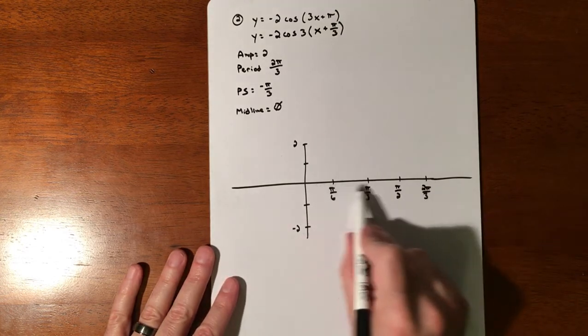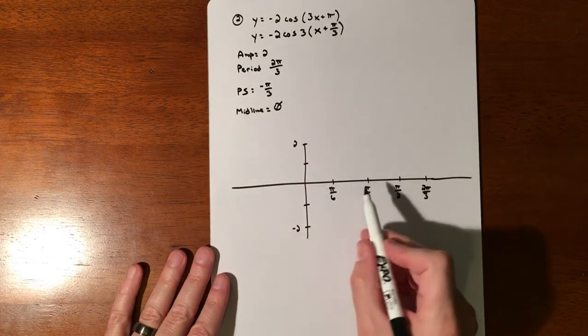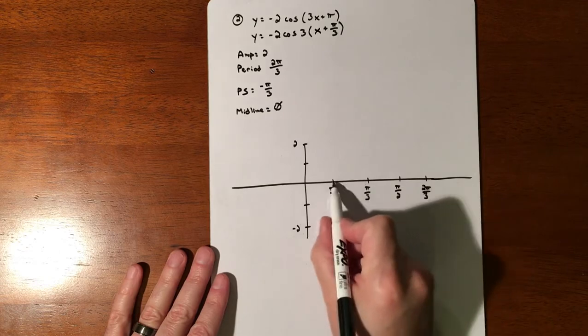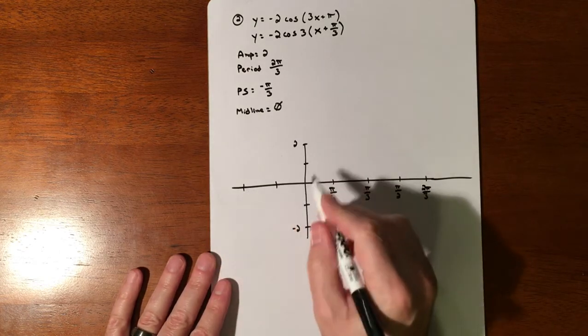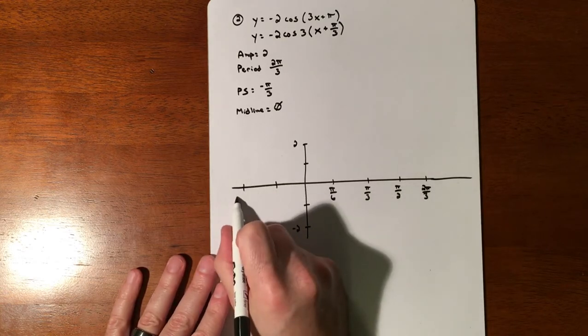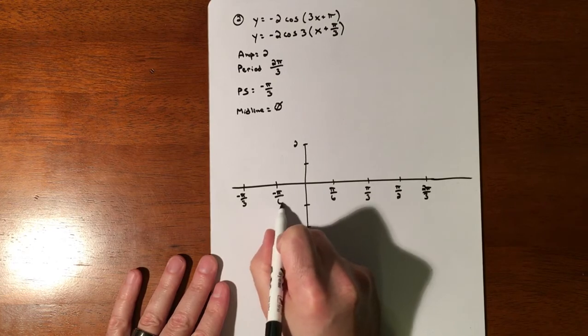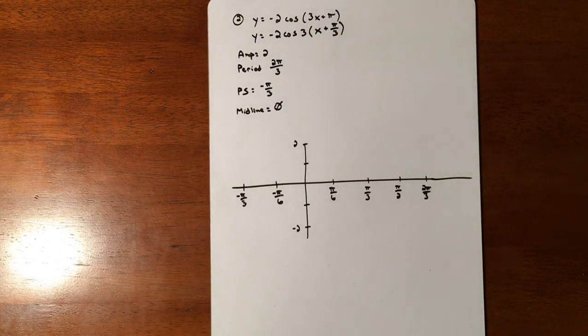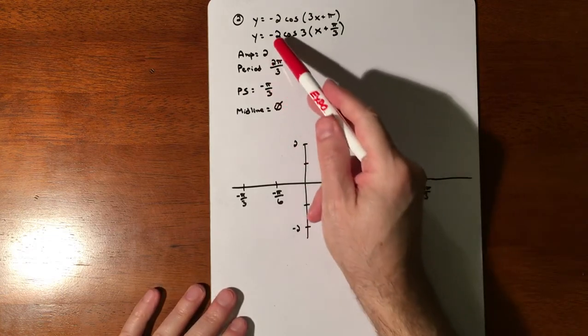All right, so that distance is actually what my shift is. So I'm going to shift everything to the left 2 spots. So I need 1 and 2. That's why I need that extra space off to this side. So negative pi over 3, negative pi over 6. All right, so if I'm going to graph this, I could just plot my main points, which is going to be reflected.